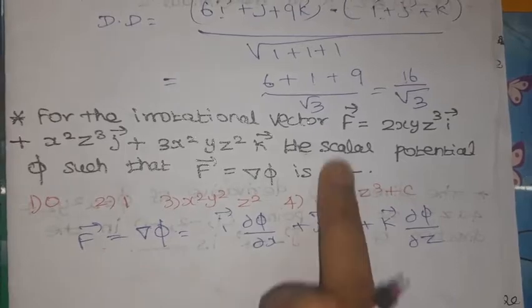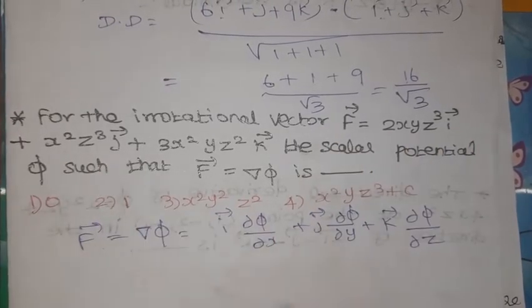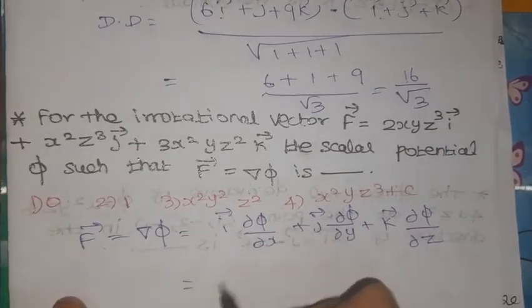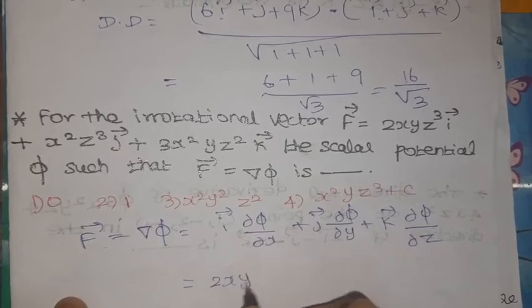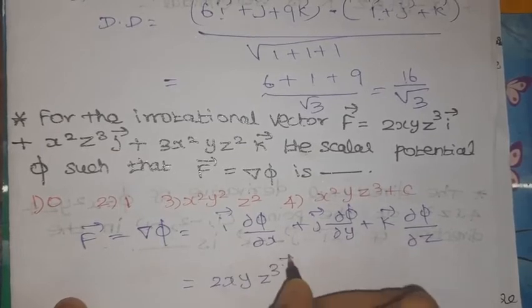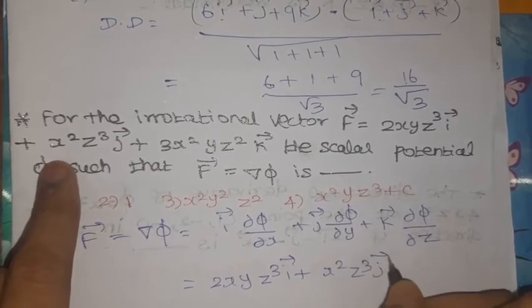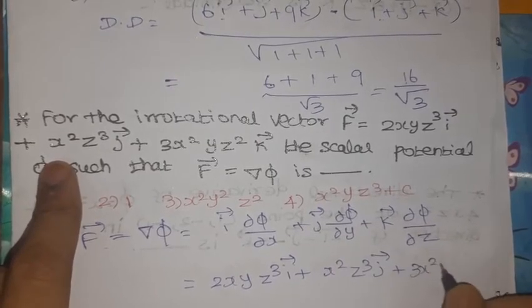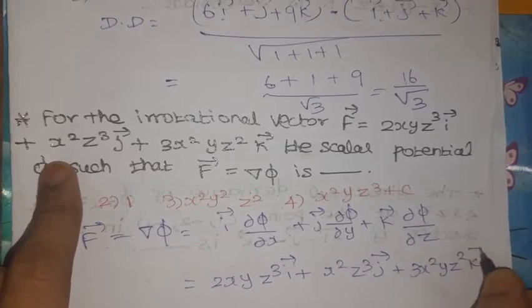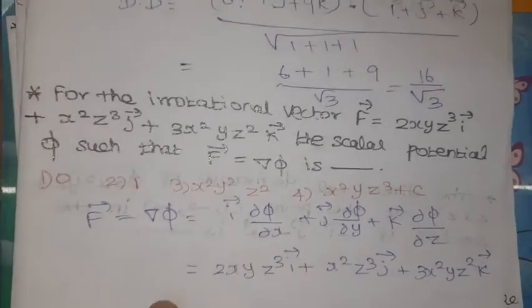The f vector is given as 2xyz cubed i plus x squared z cubed j plus 3x squared y z squared k. Just equate these terms.